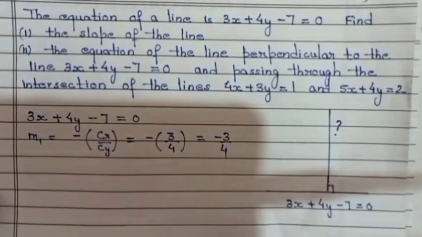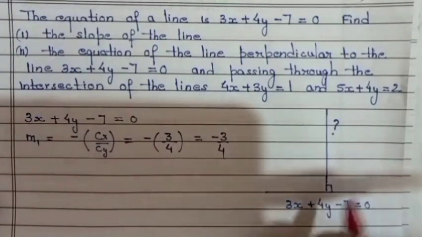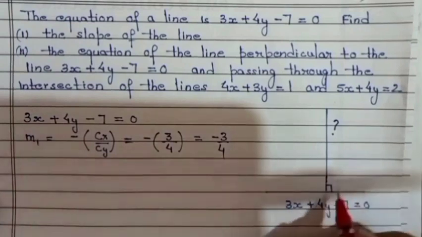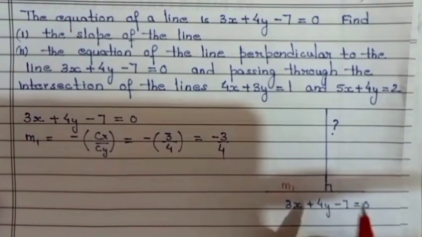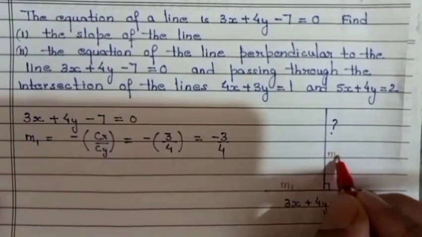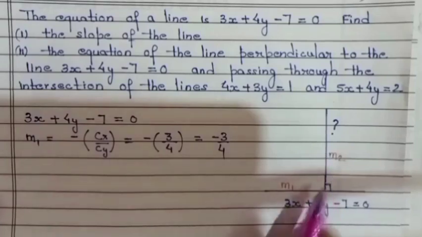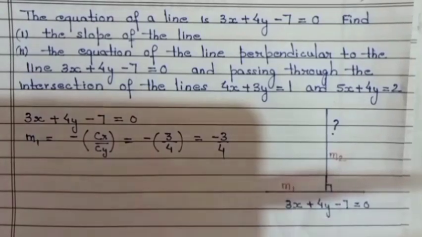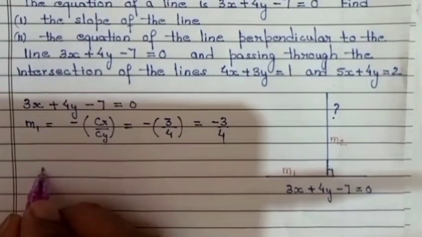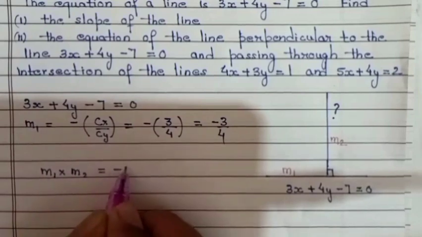So whenever two lines are perpendicular, then we get a relation between their slope. Now for this line, we have considered the slope as m1. This is the second line, so let the slope of this line be m2. Now according to the question, these two lines are perpendicular, so the relation between their slopes will be like this: m1 into m2 is equal to minus 1.